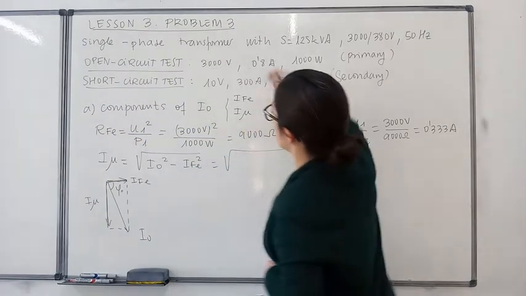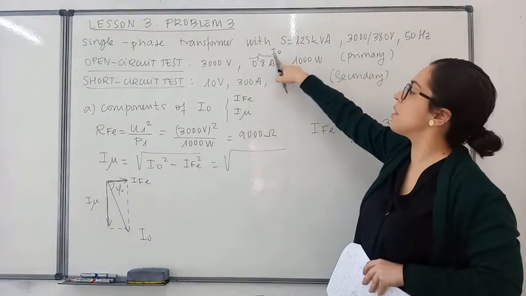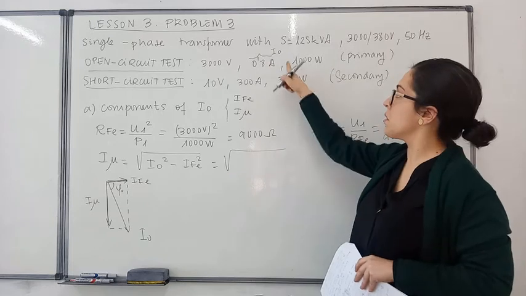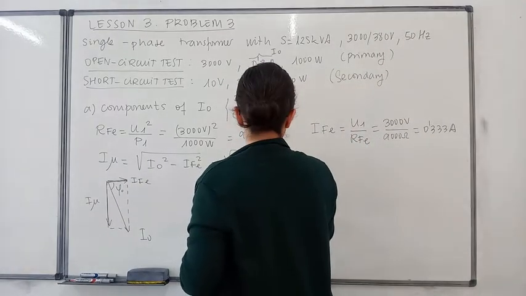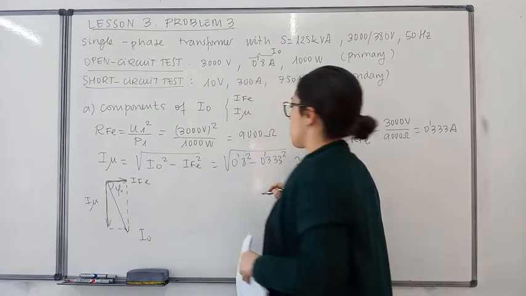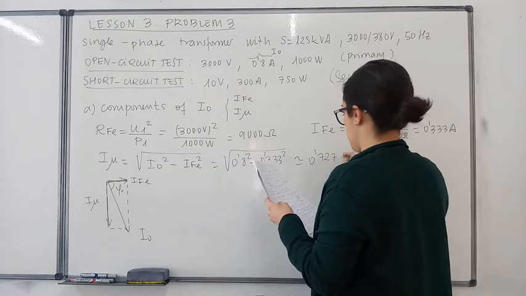The no-load current is the current that flows in the open circuit test. So there you will have this current squared minus this other current.